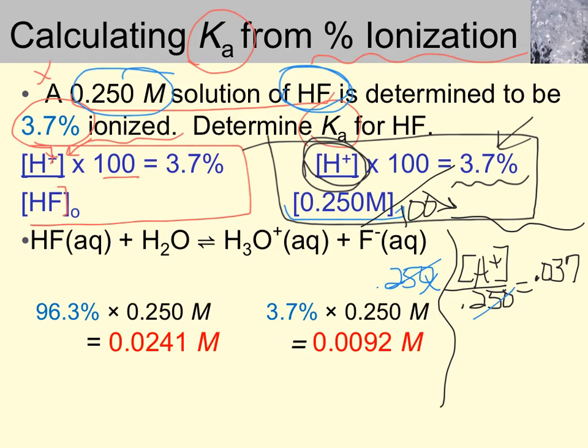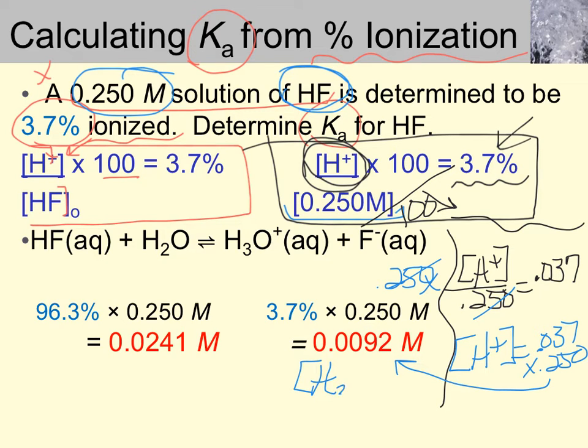And when I do that, I get concentration of hydrogen ion or hydronium ion equals 0.037 times 0.250. And voila, that gives us a concentration of hydronium ion or H plus ion of 0.0092. Honestly, I think there should be a 5 there, but oh well. You get the concept, hopefully.